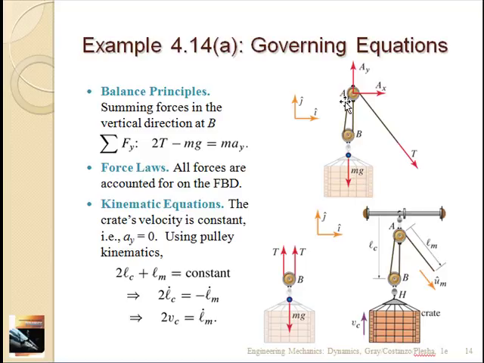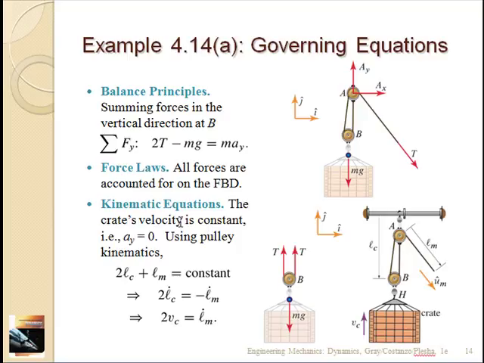If T is the tension in the rope, there's two of those because of the design of this system. So we have 2T pulling up, weight pulling down, and that equals the mass times acceleration. But we're told it's moving at constant velocity, so the acceleration is zero. So that tells us what the tension is. The tension is half the weight of the crate.